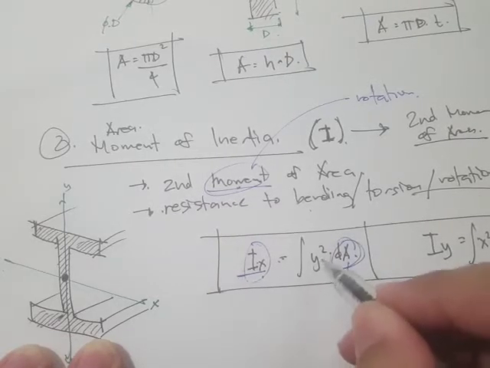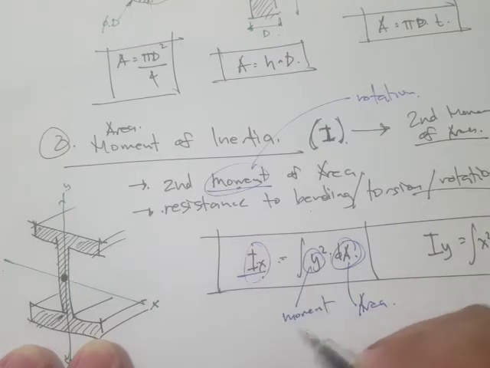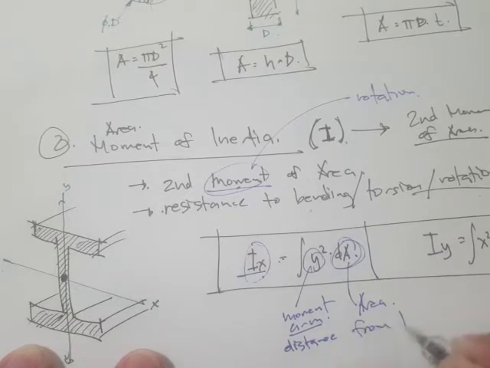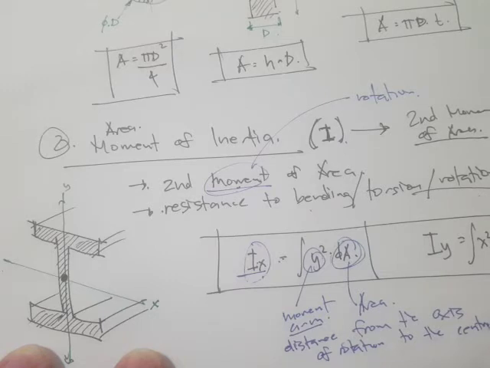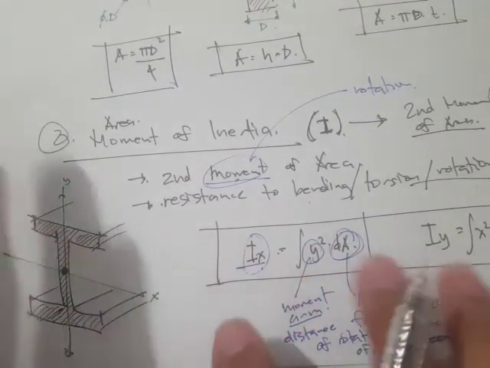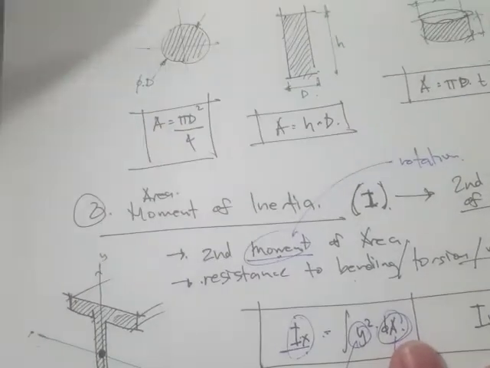This is our area, and this is the moment arm, something like a moment arm, but the technical term there is the distance from the axis of rotation to the centroid of the occupied area, or area concerned. Okay, so that's the basic mathematical expression.